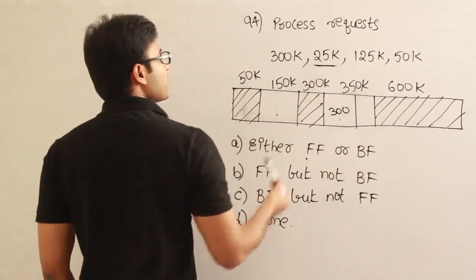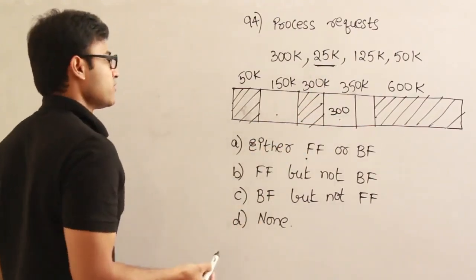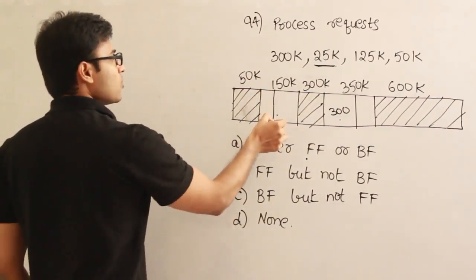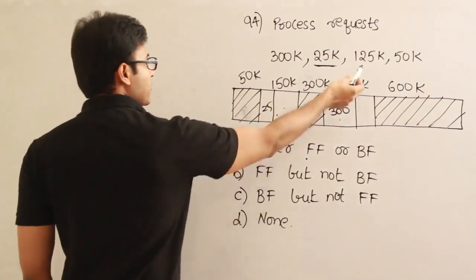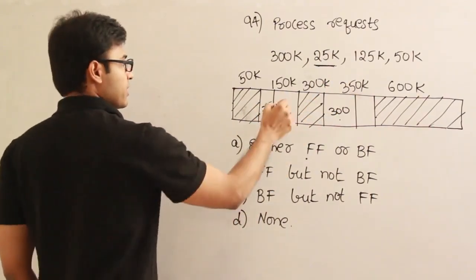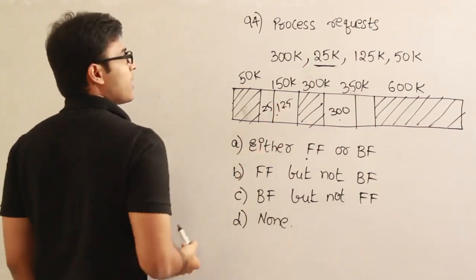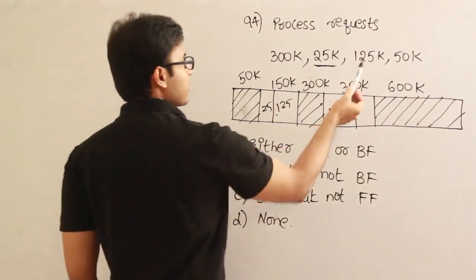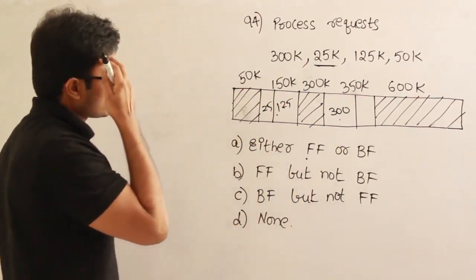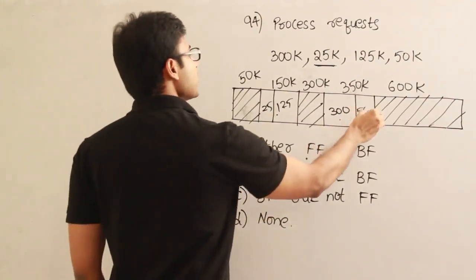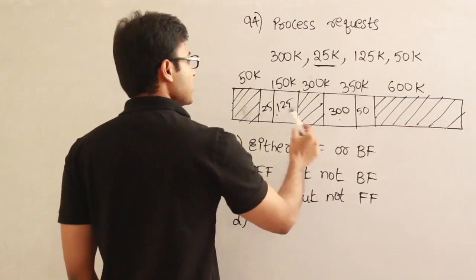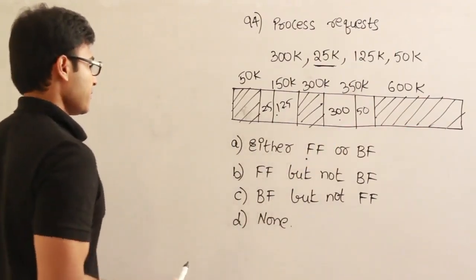Using first fit, 25 will be kept in this hole, and therefore 125 is remaining here. Next 125. Using first fit, 125 will fall here, right? And next is 50. So 50 can be placed here, right? So using first fit, all the requirements can be filled that way.